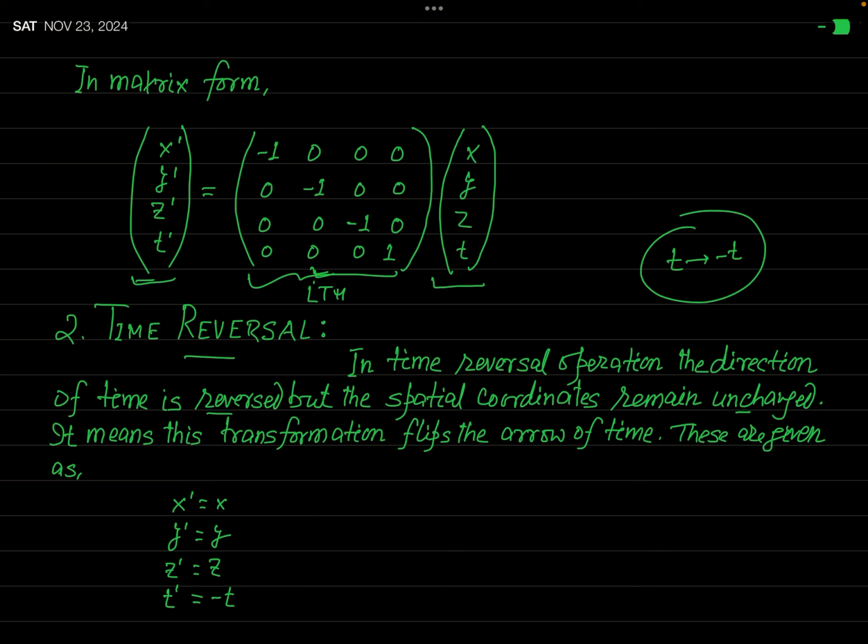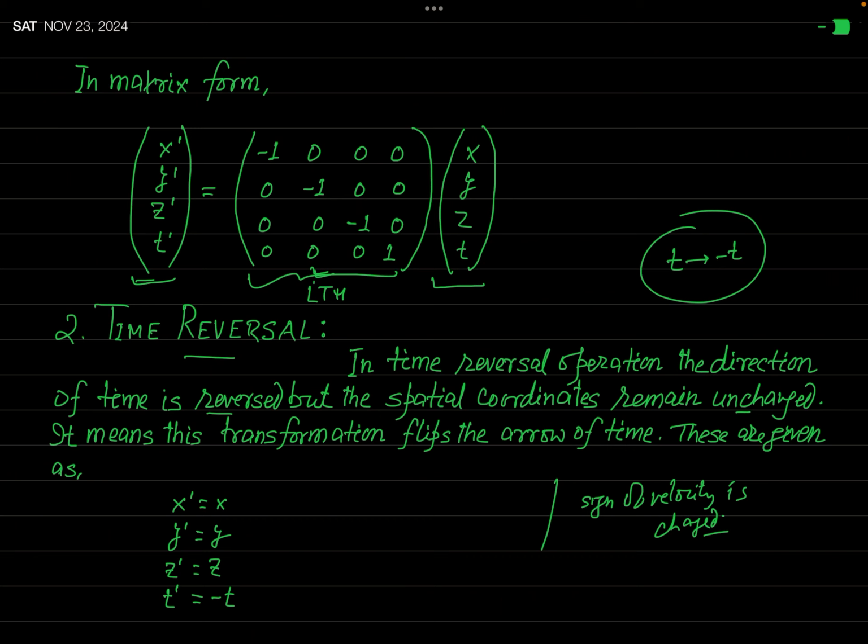Although the spatial coordinate remains unchanged, if an objective question is asked whether in a time reversal operation or time reversal transformation the sign of velocity changes or not, the answer will be yes. Sign of velocity is changed, but sign of the space coordinate does not change.